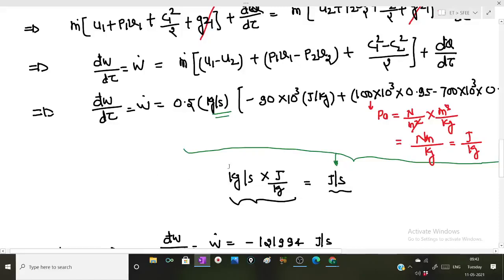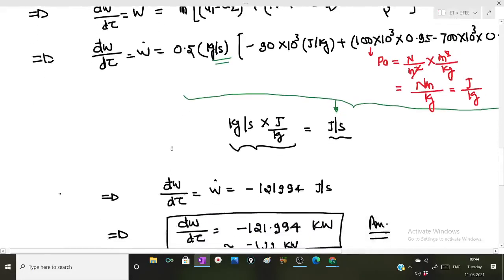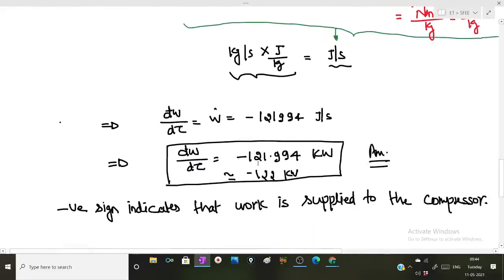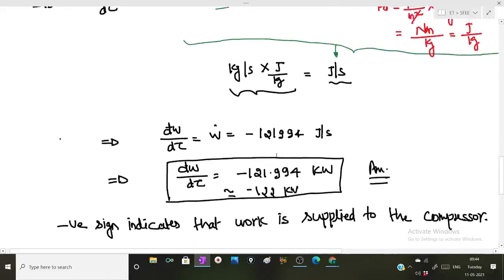So I have considered the units in their most basic form. I have not considered anywhere kilojoule per kg or kilowatt. Rather, I have considered joule per kg and joule per second, that is watt. So this way, if you put the values and units, you will automatically balance out the units and your problem will give you the correct answer.